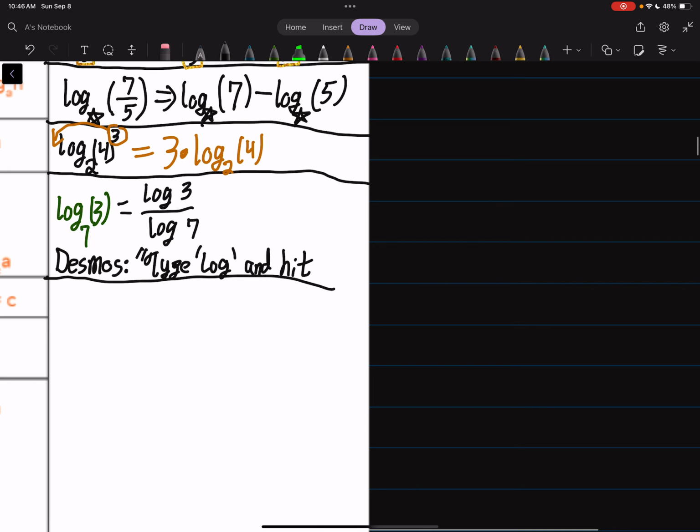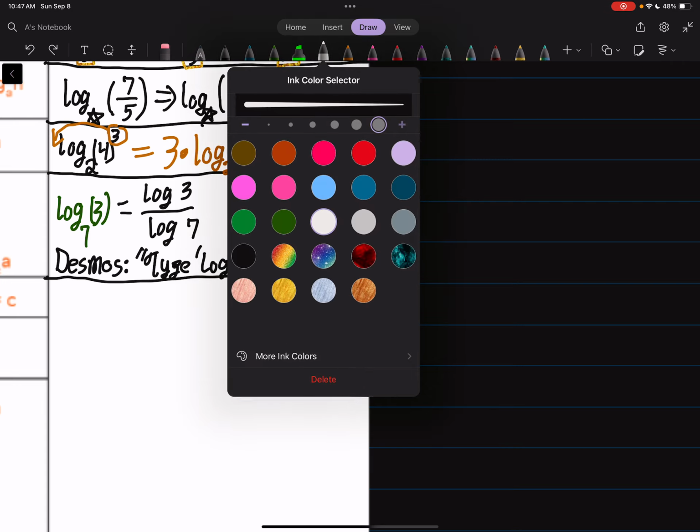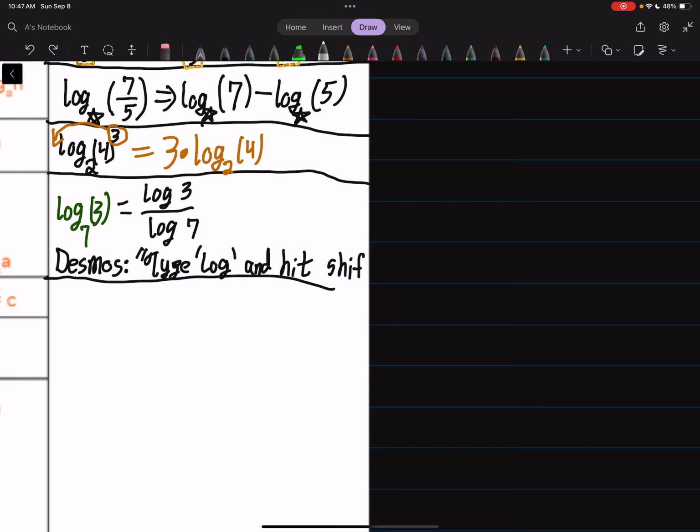And you're going to hit Shift and then minus. This will give you the subscript to put in your base. So you're going to type in your base.